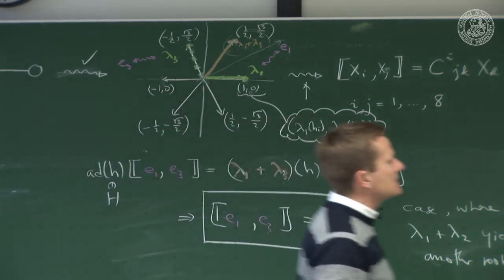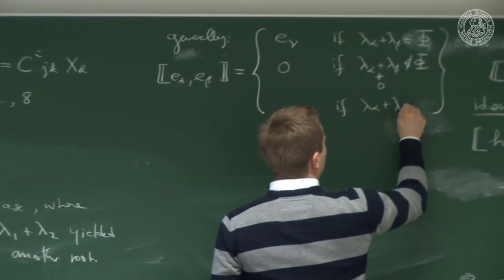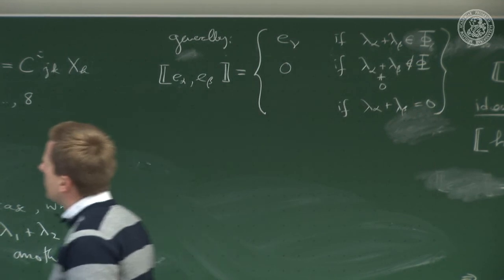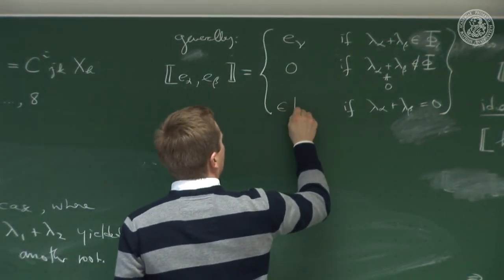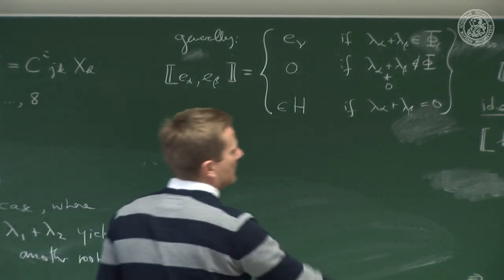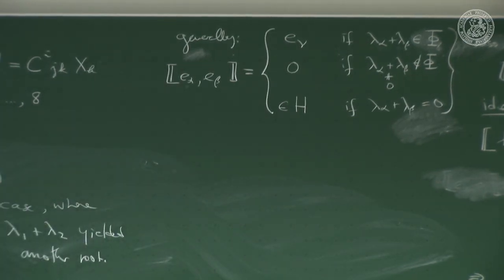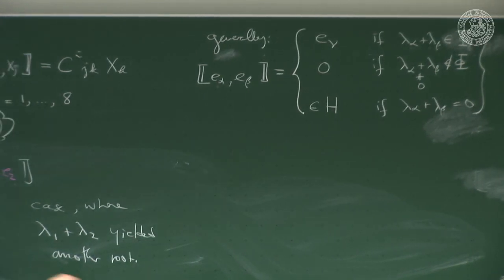What happens if the sum of the roots is 0? What can happen is that this guy is an element of the Cartan subalgebra. Now you do not immediately know which one, but by repeated application of what you know using your brackets, you'll find out.